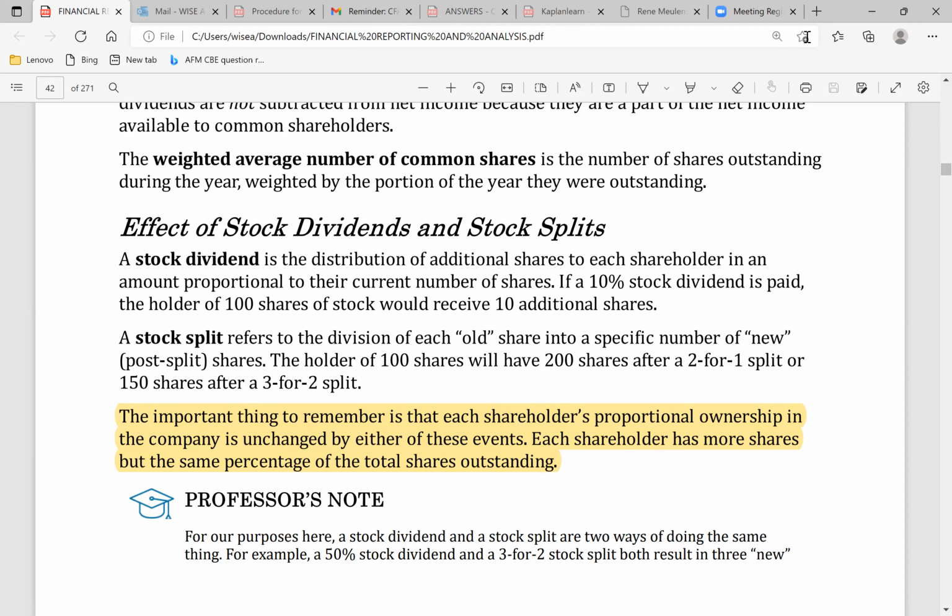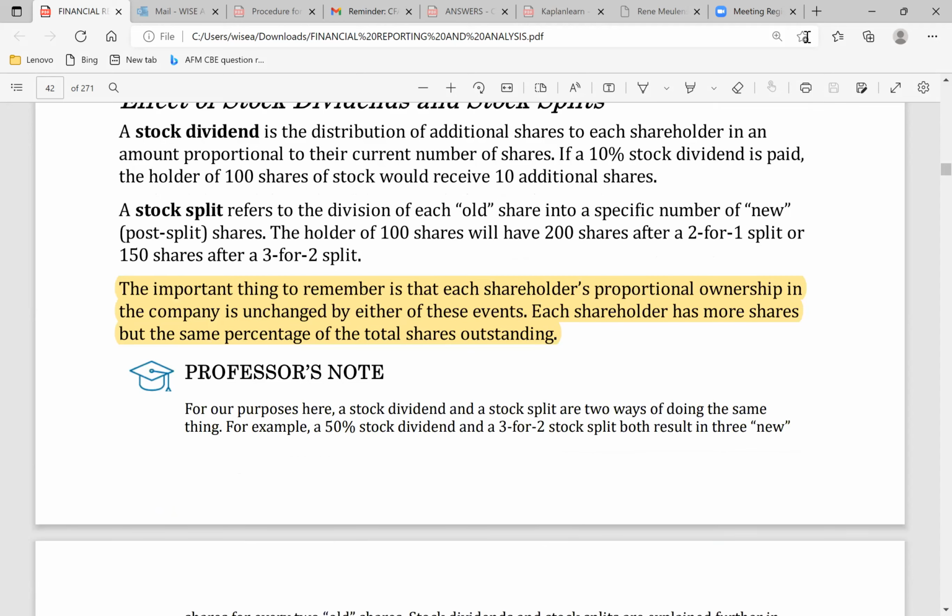A stock dividend is the distribution of additional shares to each shareholder in proportion to their current shares. A stock split is when the whole number of shares is split into new shares. For example, a 2-for-1 split will mean that a holder who had one share will now have two.